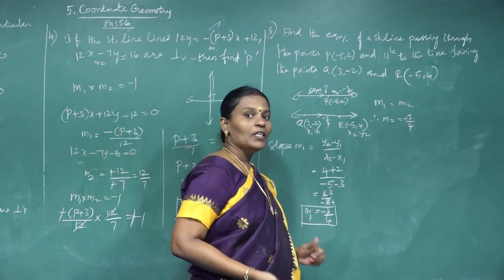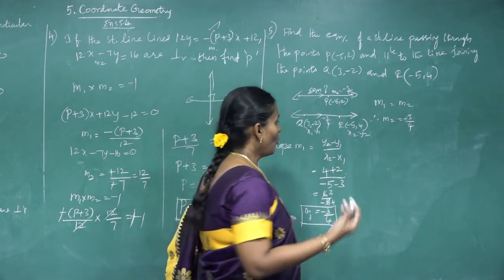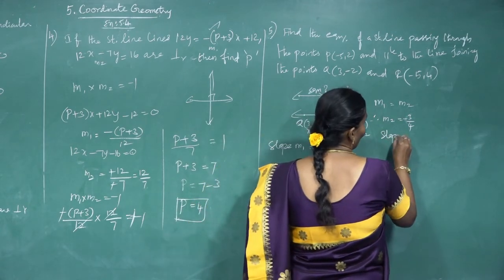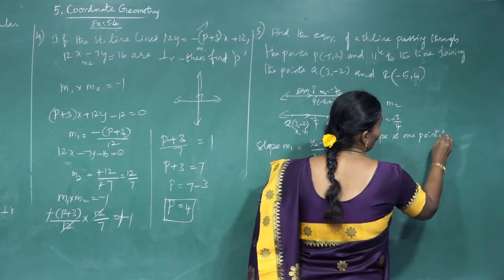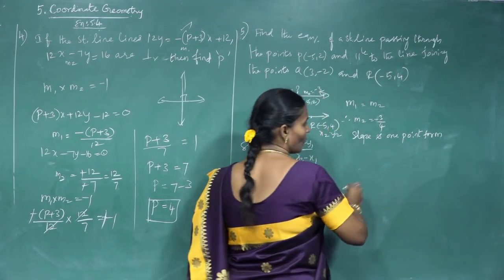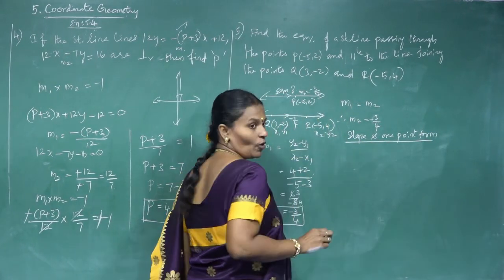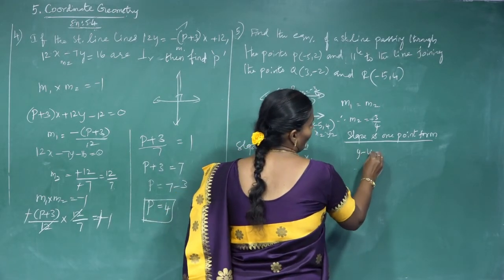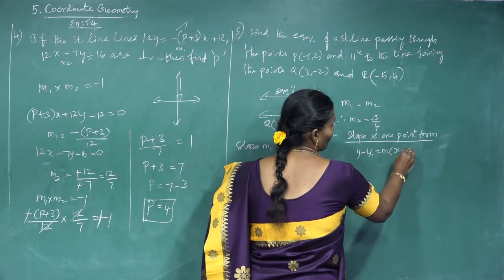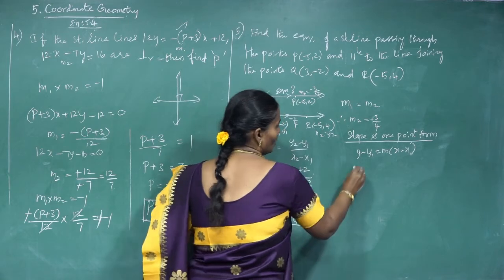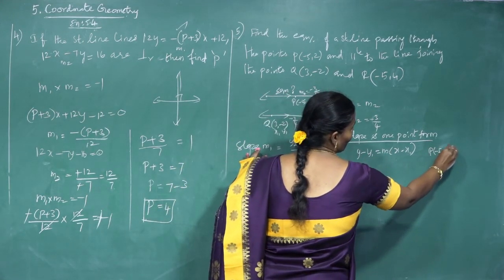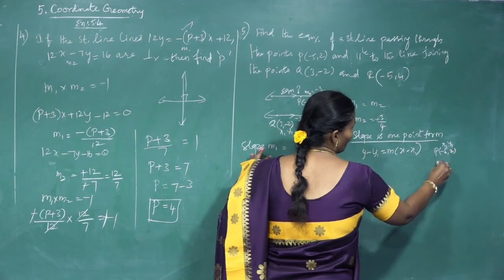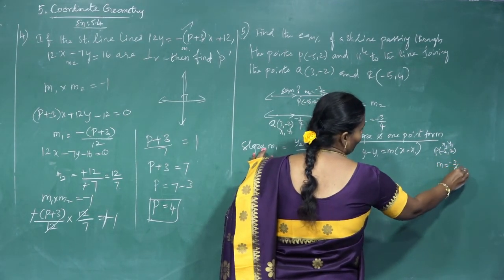What is the form? The slope and one point form. Slope and one point form: y minus y1 is equal to m of x minus x1. Here consider the point P of minus 5 comma 2, so x1, y1. m is equal to minus 3 by 4.